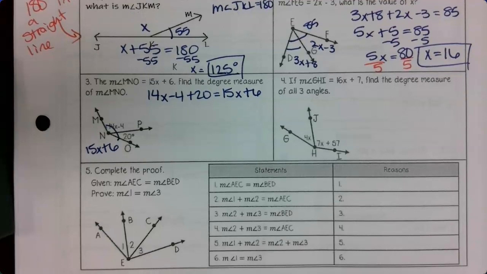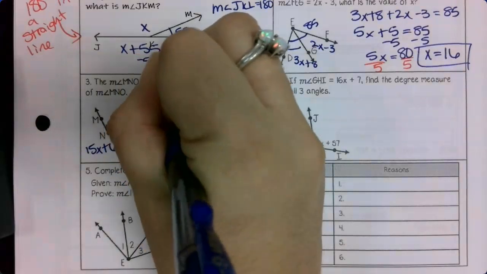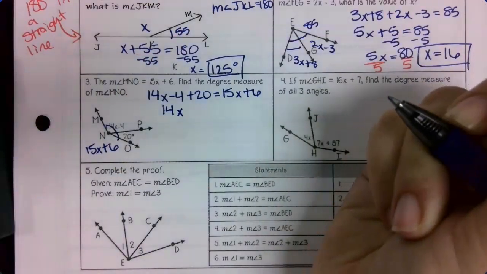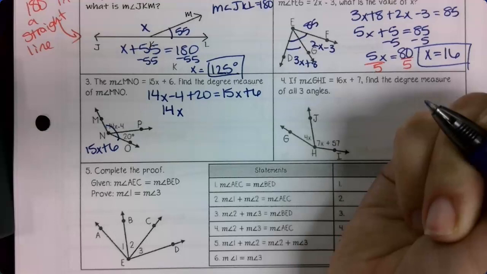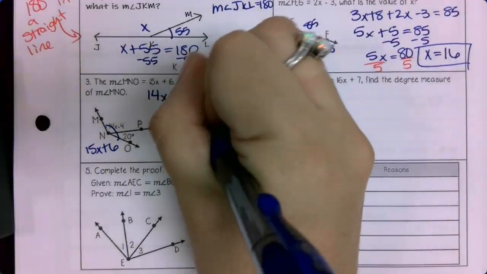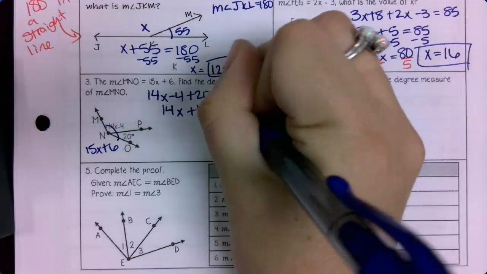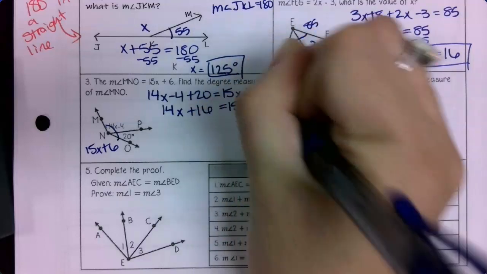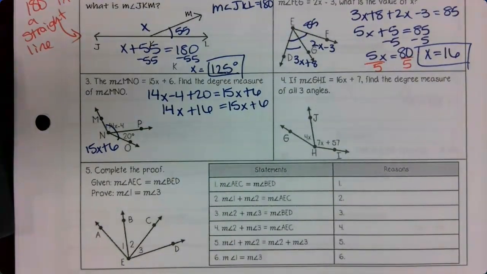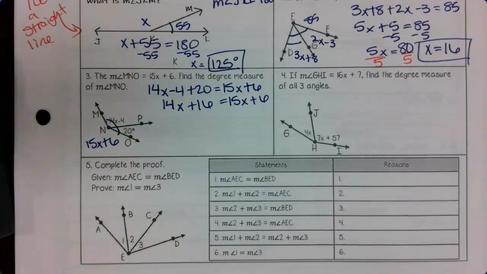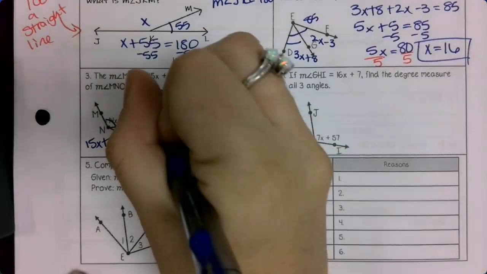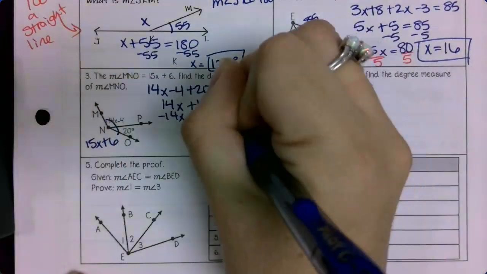So first thing I want to do is combine like terms. What do I get? Plus 16. I'm not moving the x's yet. I was just combining the numbers on the left side. Okay. Then if I move my 14x over to the other side, I have to subtract it.